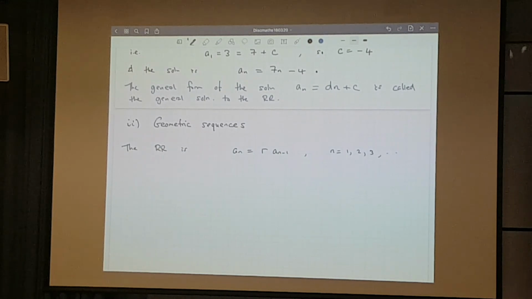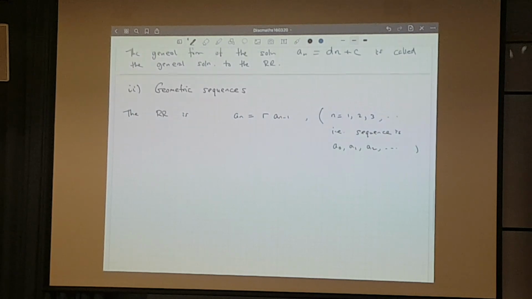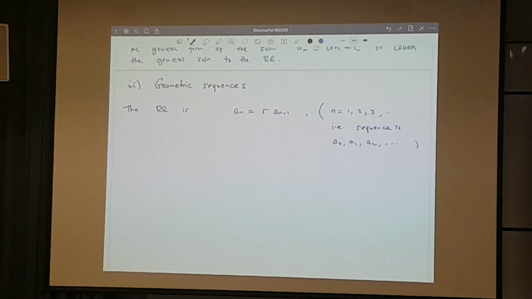The sequence is a_0, a_1, a_2, etc. So I decide to start from 0, but it doesn't make any difference.